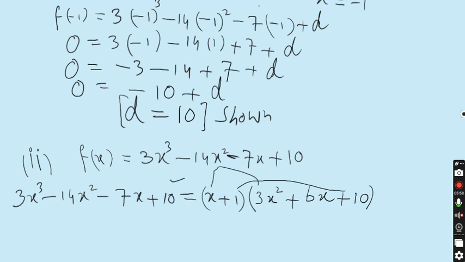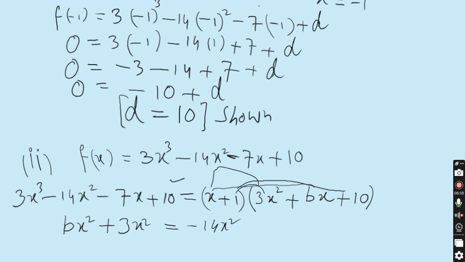Now x multiplied by bx gives bx square, and 1 times 3x square is 3x square. And on the left hand side, the coefficient of x square is minus 14. So this is the method. If you want full command of this method, you can go to my playlist.